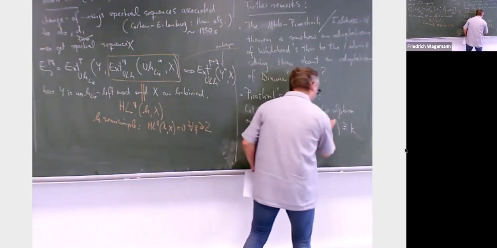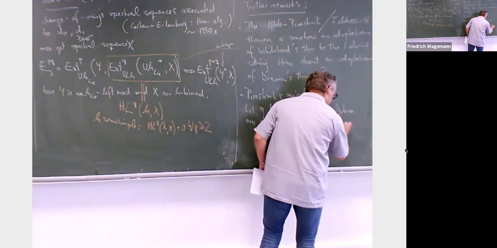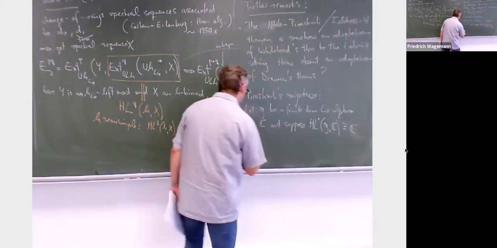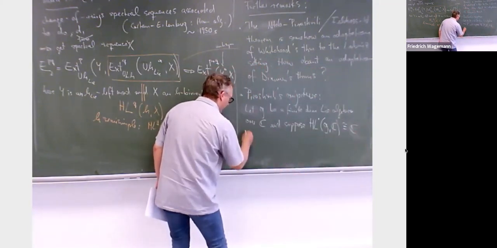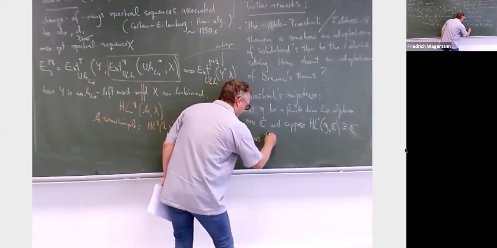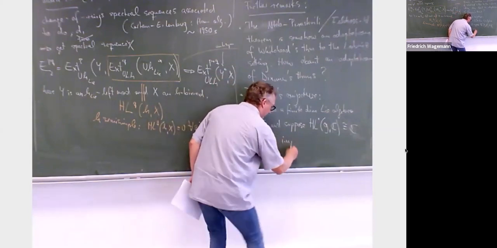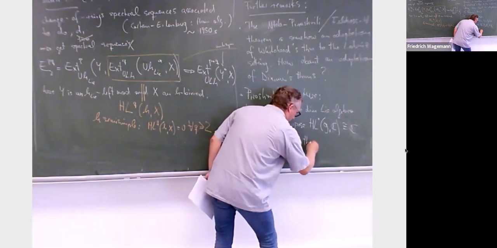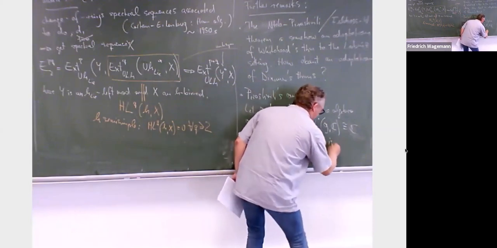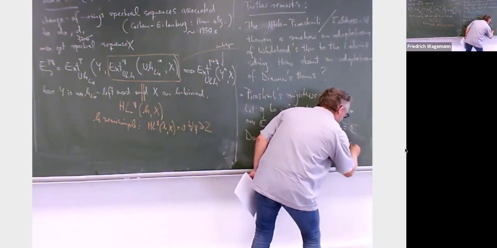K is C. Does this imply that G is semisimple?